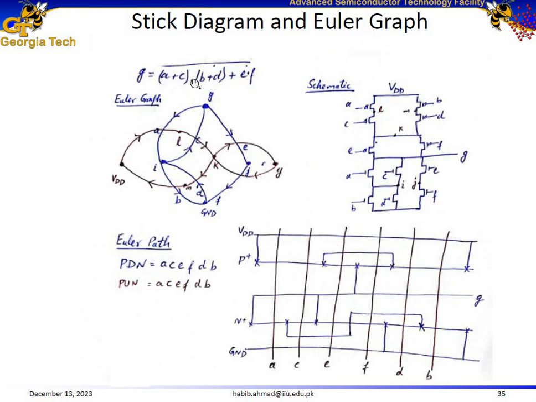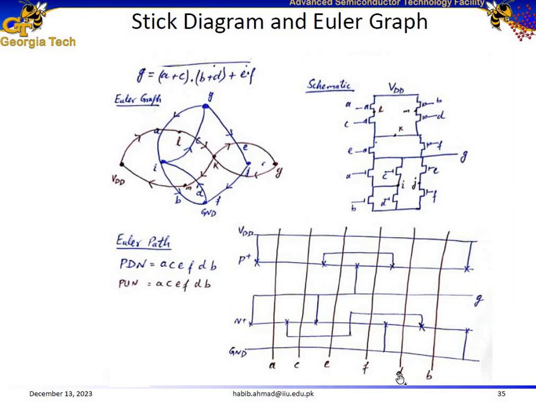Here is another example. The logic function is A or C and B or D and EF. So form the circuit diagram and then form the Euler graphs, and the Euler path becomes A C E F D B for the pull down network, and A C E F D B works for the pull up network as well.